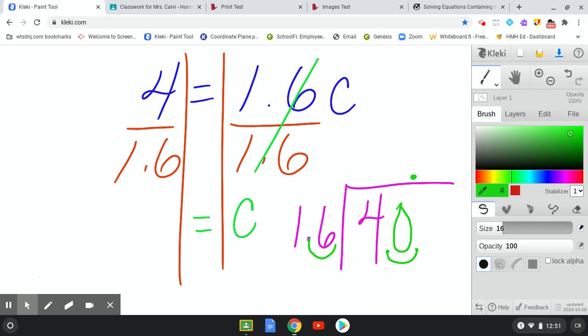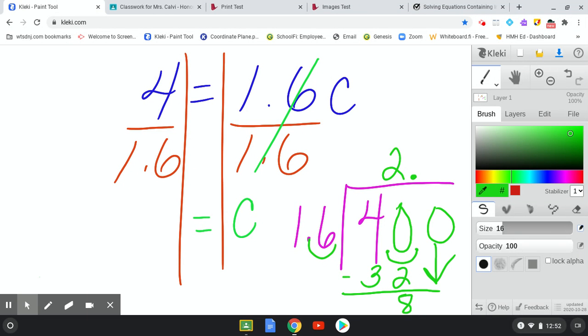So now I'm looking at 16 going into 40. Well, 16 goes into 40 2 times. 16 times 2 gives me 32. I'm going to subtract. I'm going to be left with 8 after I do the subtraction. I'm going to add a 0 and bring it down.